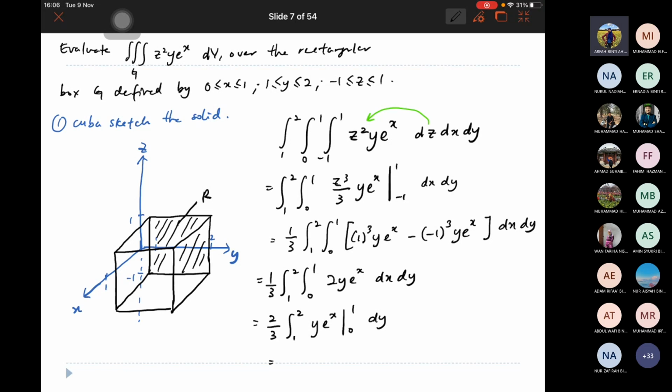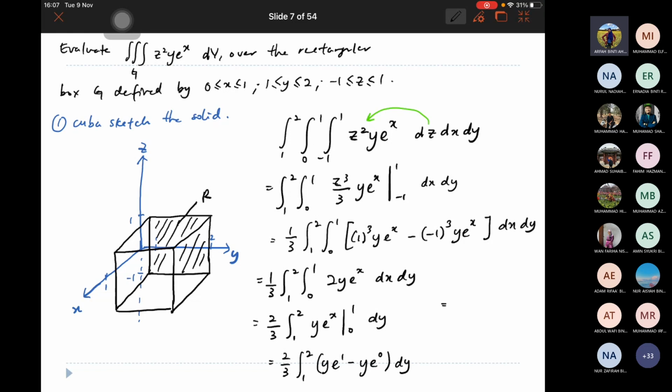So daripada sini, integrate this one akan dapat 2/3 integrate 1 sampai 2 y exponential 1 tolak y exponential 0 dy.